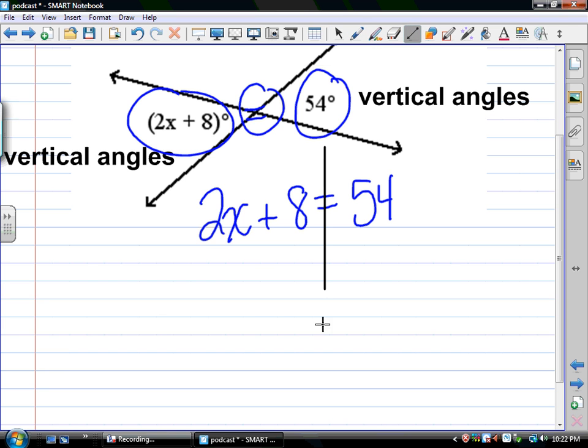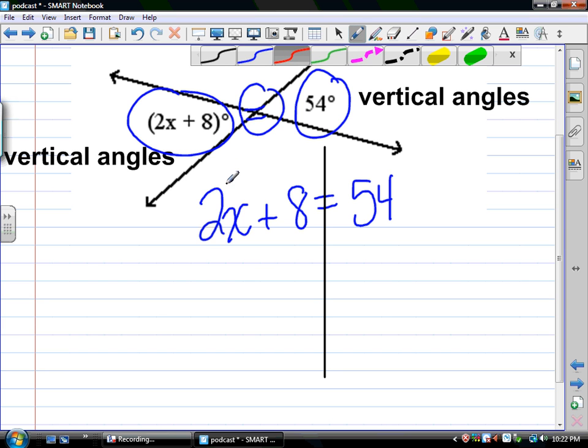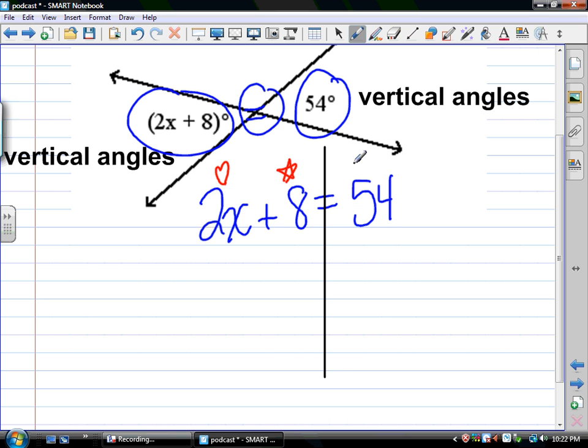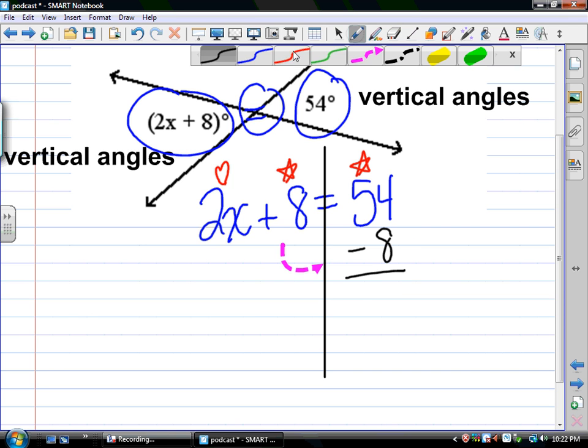Hearts and stars, combine like terms. 54 minus 8 would be 46 degrees.